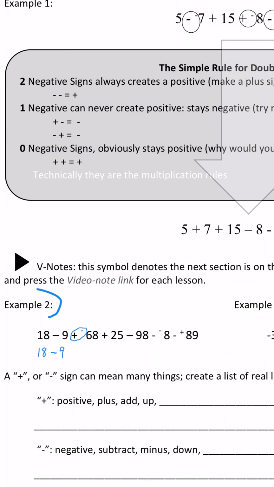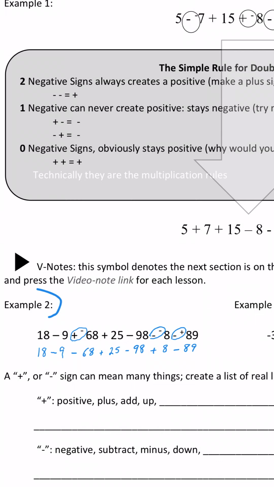Again, our rules are if there's one negative, the whole thing is one big negative. 68 looks good. One plus sign, one minus sign, and again we get to a double sign. Again, the two negatives always creates a positive or a plus, whatever you want to say, and one more double sign, one negative or minus, whatever you want to call it, creates a minus or negative.